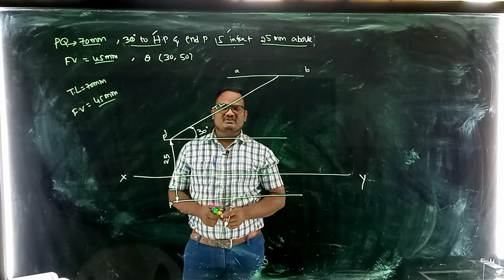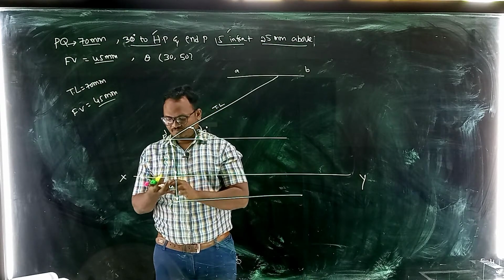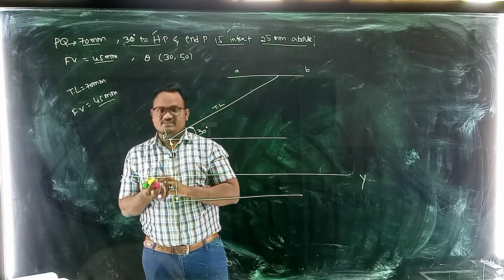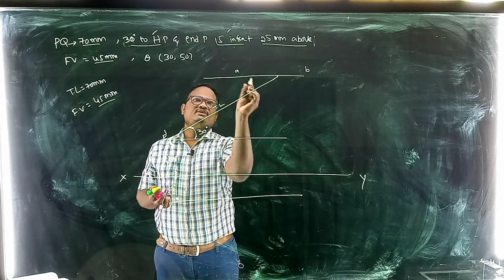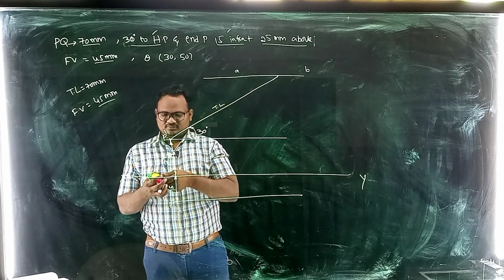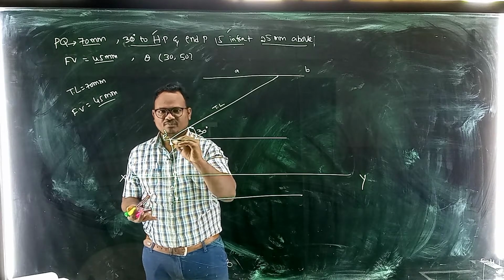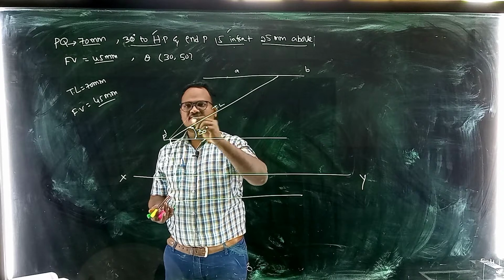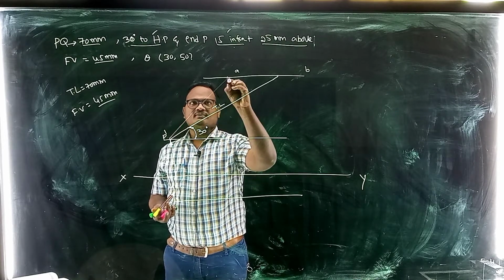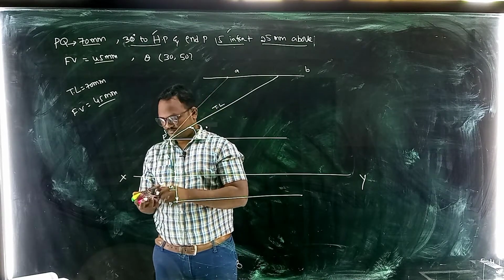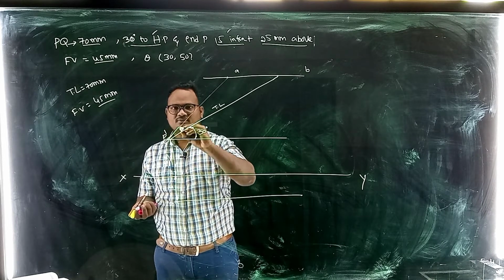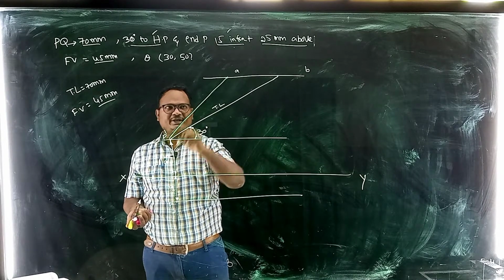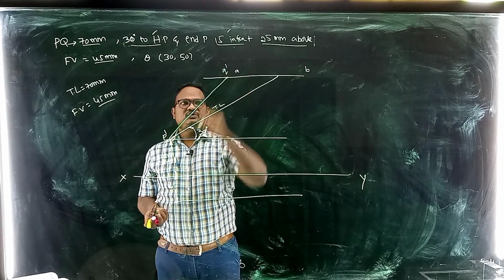Take 45 mm with the compass, and from here cut the locus line at 45 mm. So we will get the compressed front view P dash Q dash.